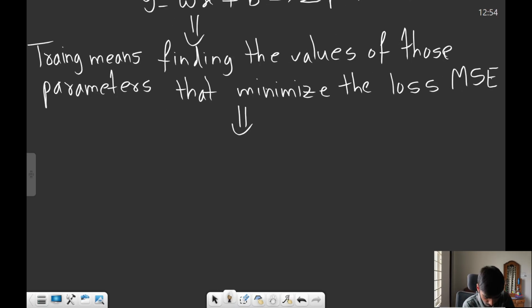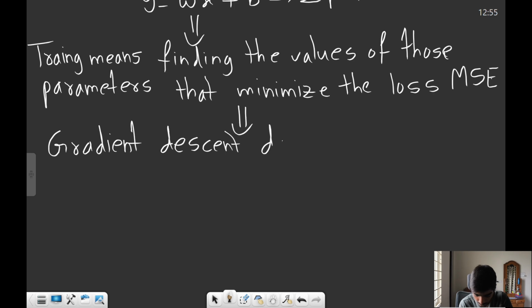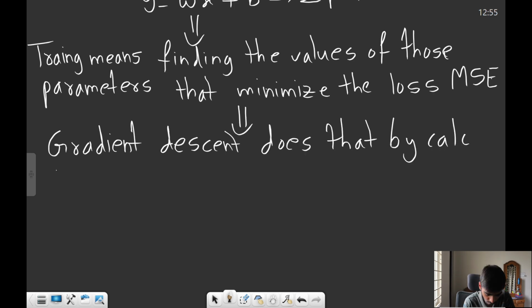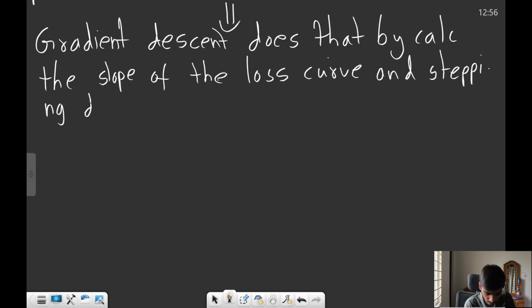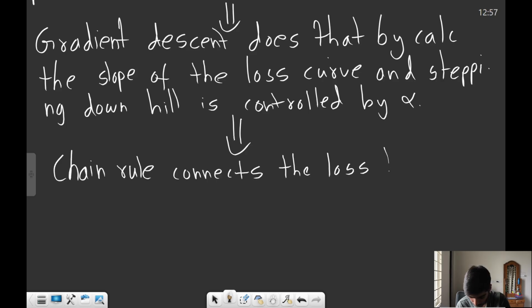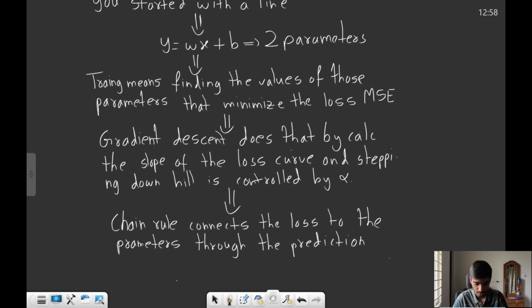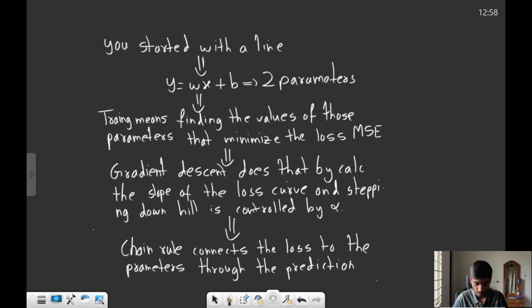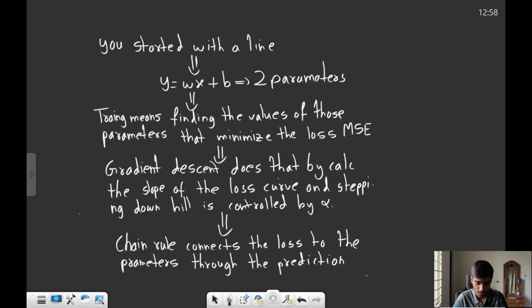You learned that gradient descent does that by calculating the slope of the loss curve, and stepping downhill is controlled by the learning rate. And you learned that the chain rule connects the loss to the parameters through the prediction. So this is the entire recap of this video.